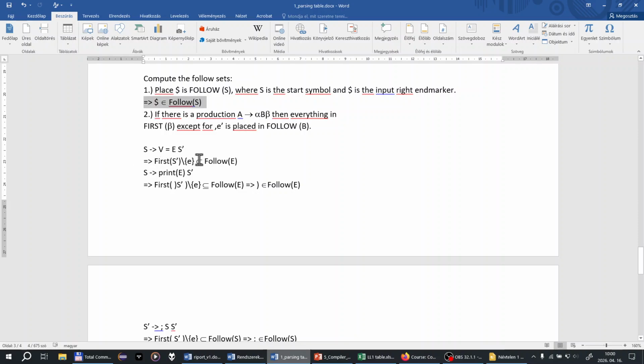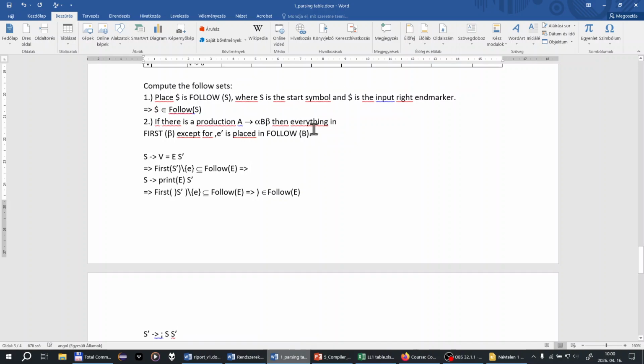First S prime minus E is an element of follow E, which means that, what is the first S prime?